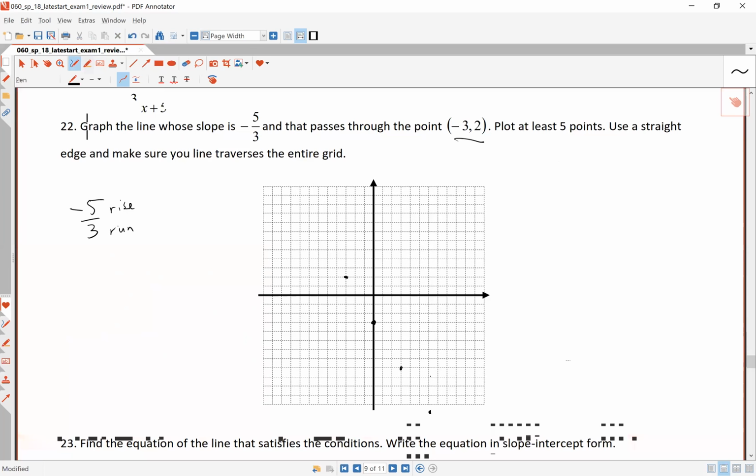Now I do the opposite of that, which is putting the negative on the denominator, and then I rise 5, 1, 2, 3, 4, 5, and run 1, 2, 3 to the left this time, left 3. And so there's my line through those points.